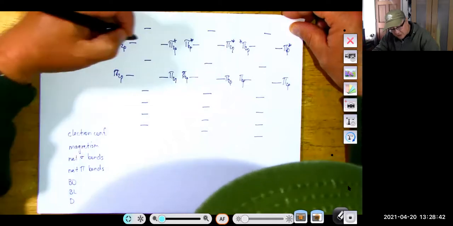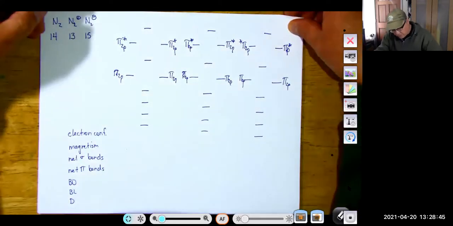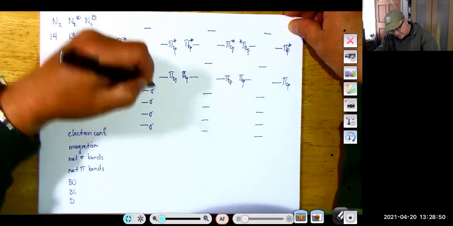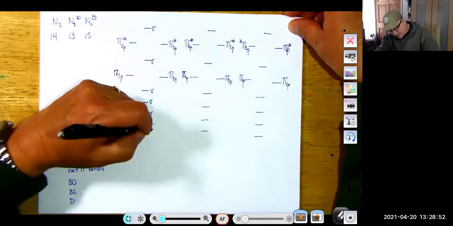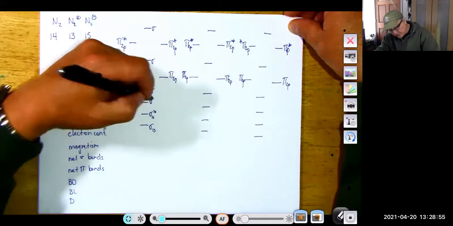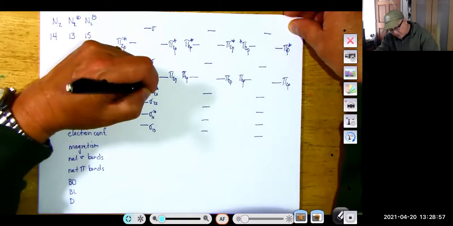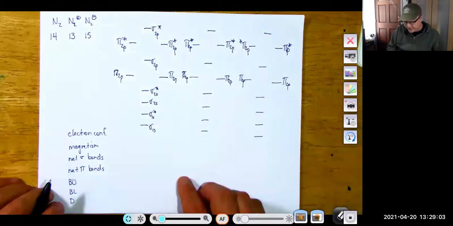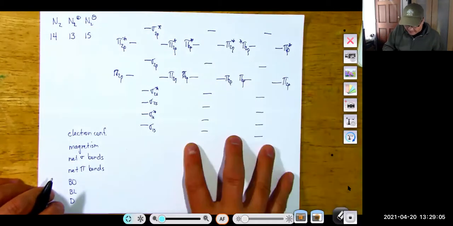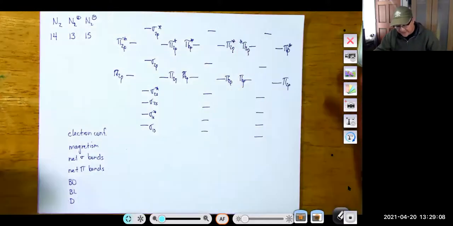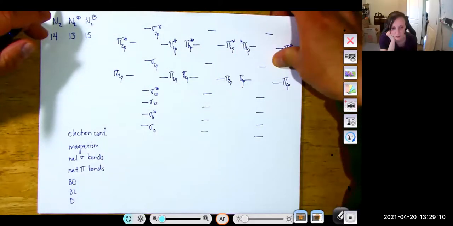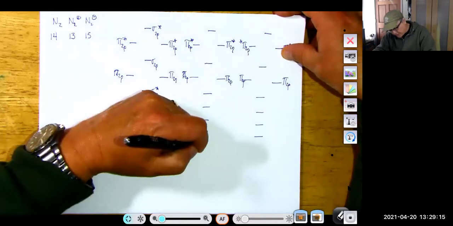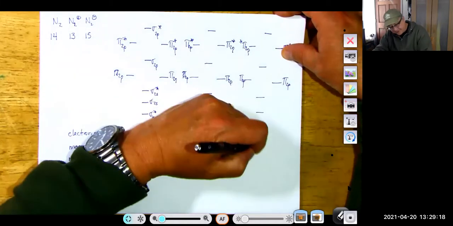And the one without a star is called a bonding molecular orbital. All of the ones up the middle are sigmas. And you got a 1s, 1s star, 2s, 2s star, and a 2p, 2p star. And I think what I'm going to do is, you see these 3 here? I'm going to leave those off just because it's getting crowded in here. Yeah. Okay. So this one's going to be N2, this will be N2 plus, and this will be N2 minus.